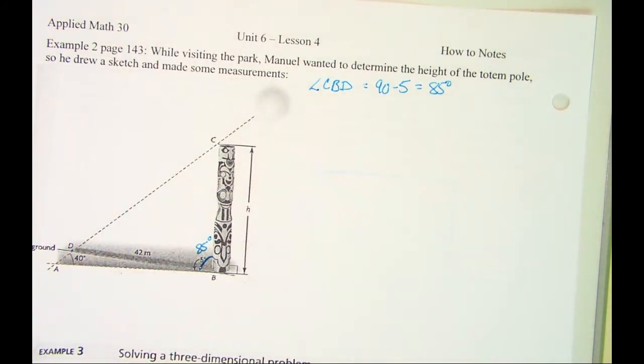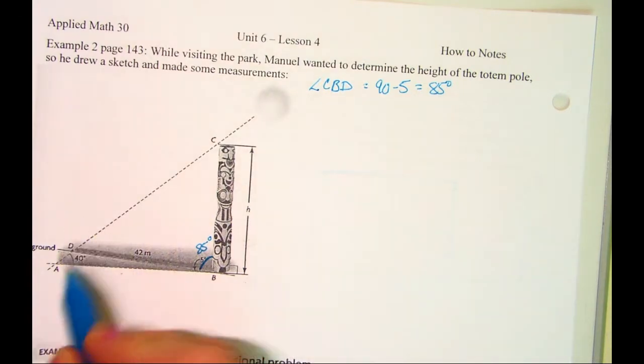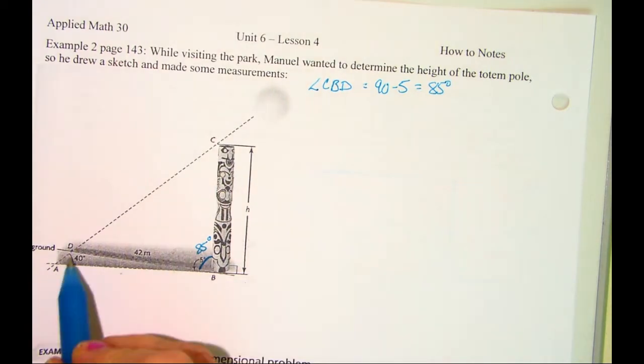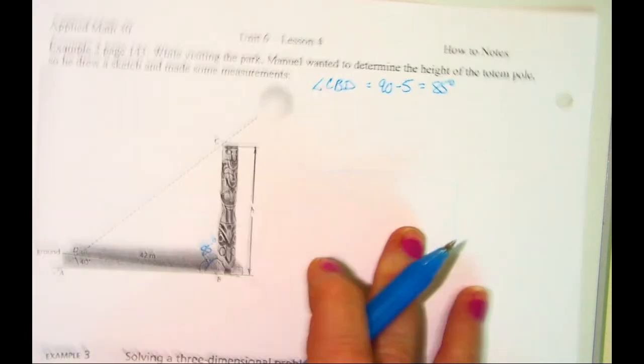For angle CBD, the one where D is, all you do is take 40 plus 5 minus 180, which will get you that little angle, then you just minus it by 180 again to get the other angle. So what are you trying to get? Yeah, well you have a little triangle here. I'm not sure how you got those numbers exactly.